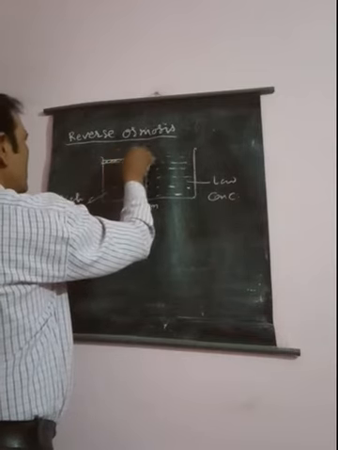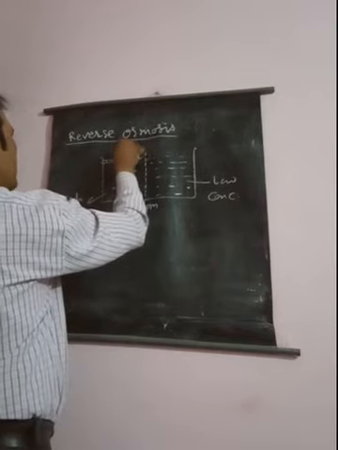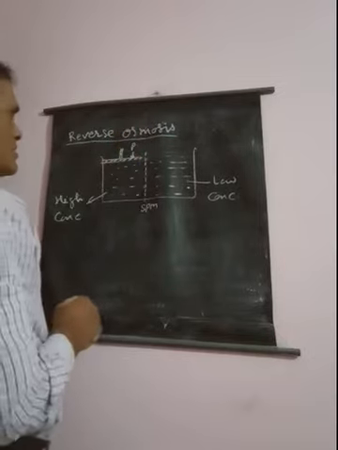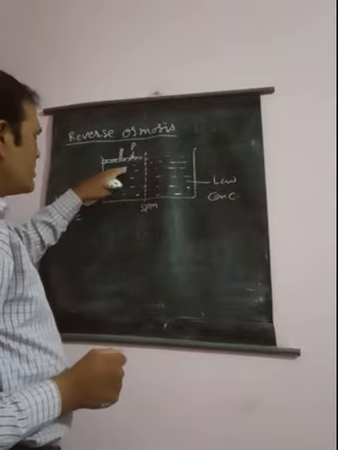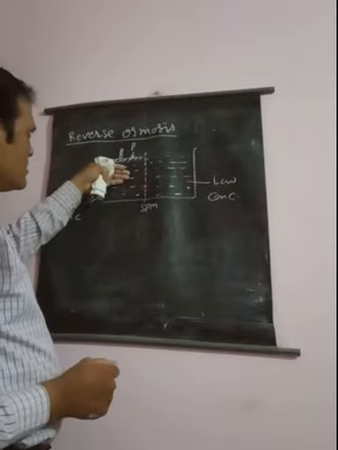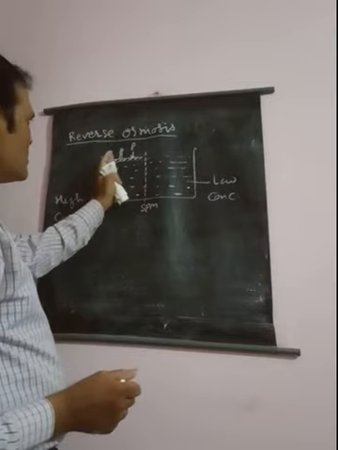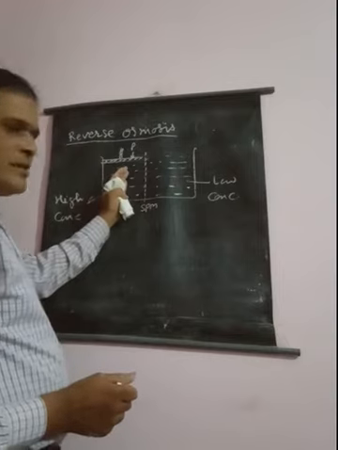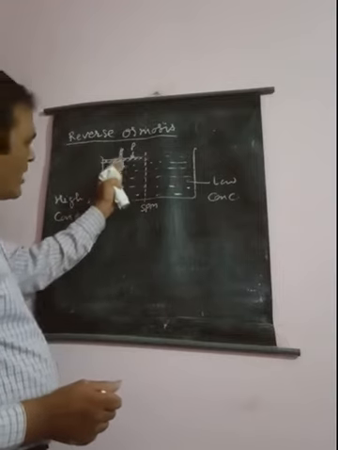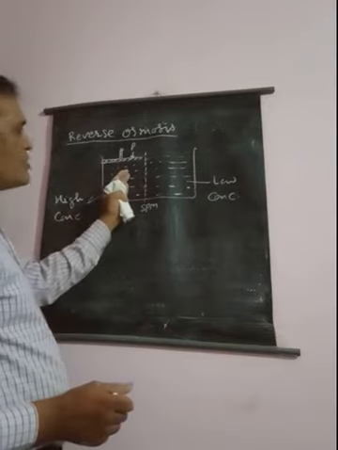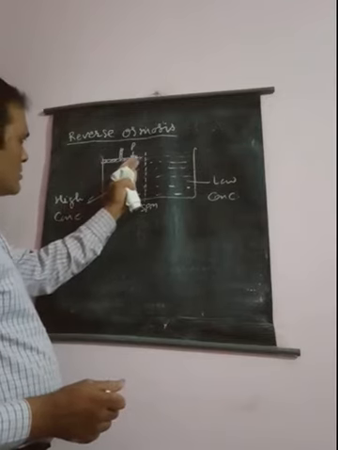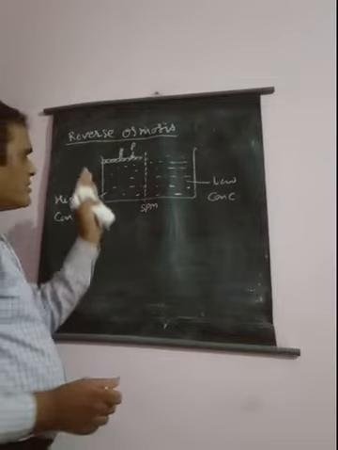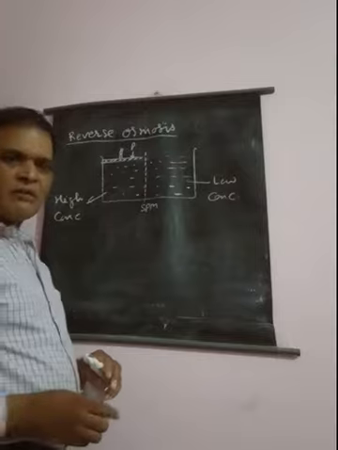In this case, we apply a pressure P. If we exert such high pressure that the process of osmosis will not only stop, but the molecules of solvent will flow from the higher concentrated solution to the low concentrated solution through the semi-permeable membrane, then this process is known as reverse osmosis.